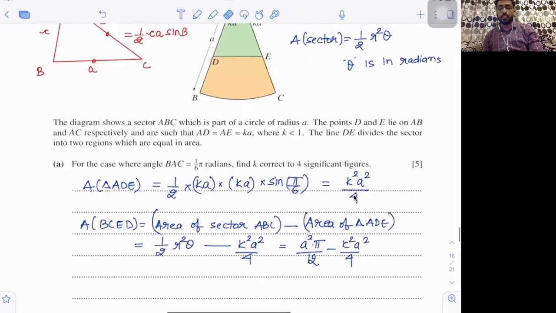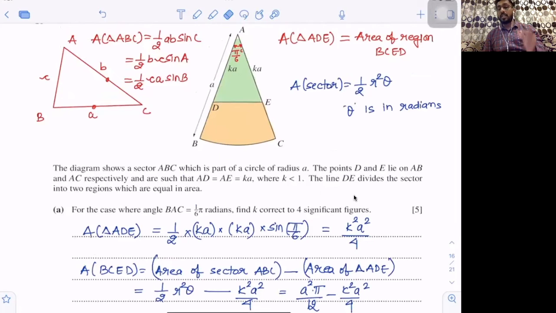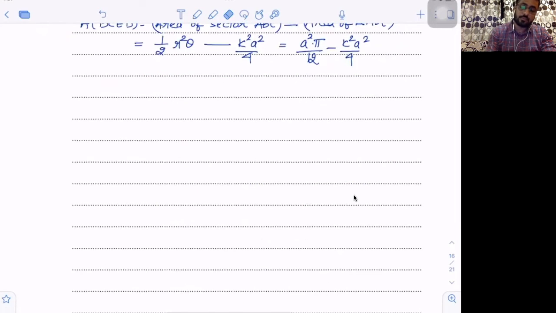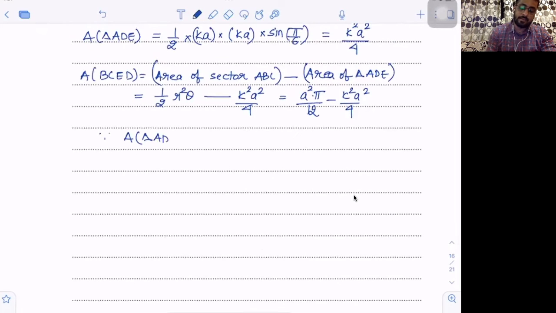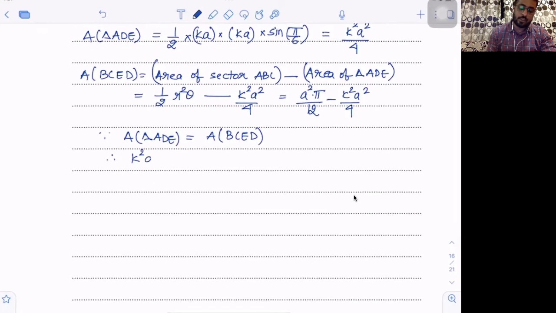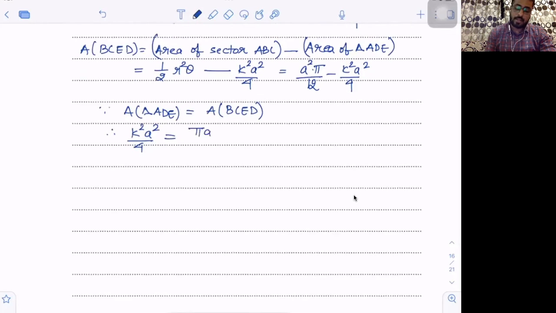But according to the question, it is told to us that the green colored region and the orange colored region, they're both equal. So I can say, since area of triangle ADE is equal to area of the region BCED, I can write area of the triangle ADE, which is k square a square upon 4, is equal to area of the region BCED, which is pi a square upon 12 minus k square a square upon 4.